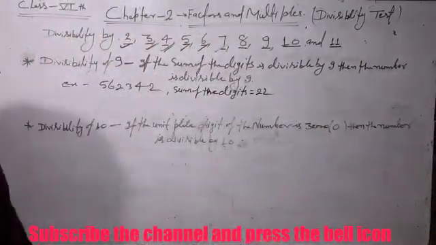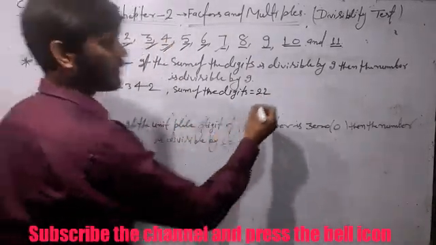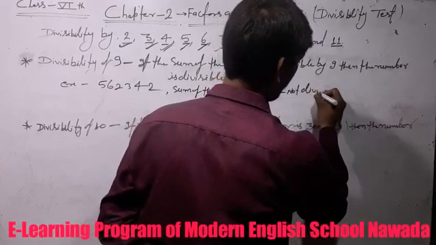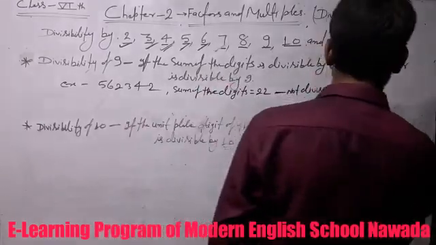You observe here, in this number, the sum is 22 and 22 is not divisible by 9.